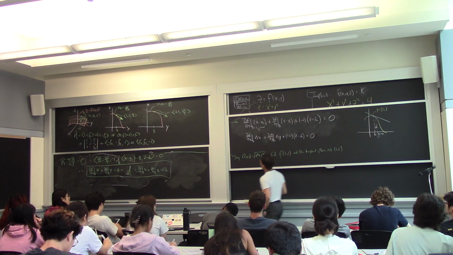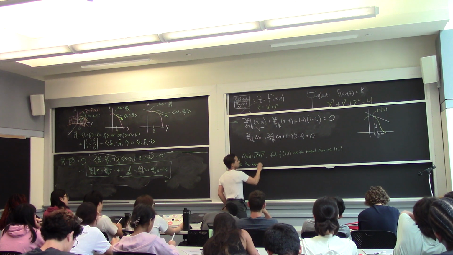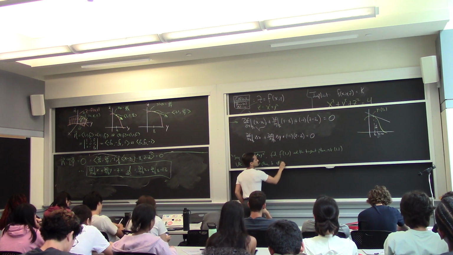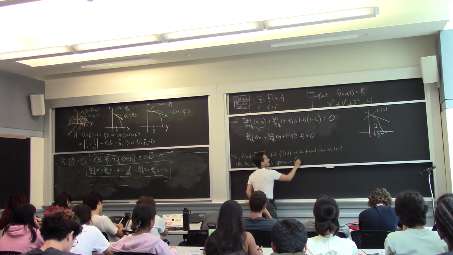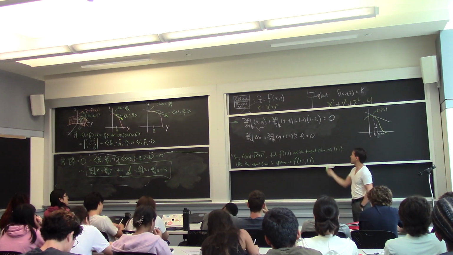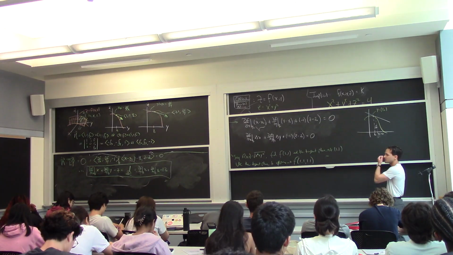And then the next part of the problem might be: use the tangent plane to approximate f of 1.1, 1.1. Tiny deviation about the point of tangency. Make sense?